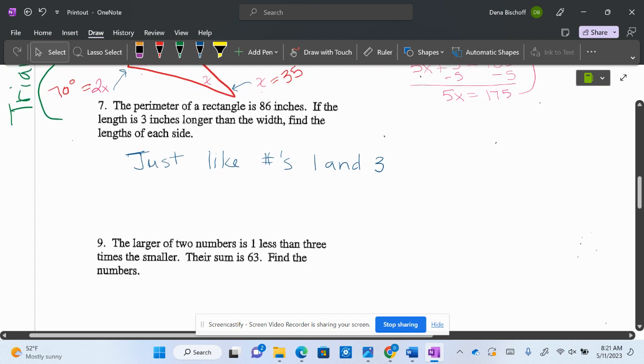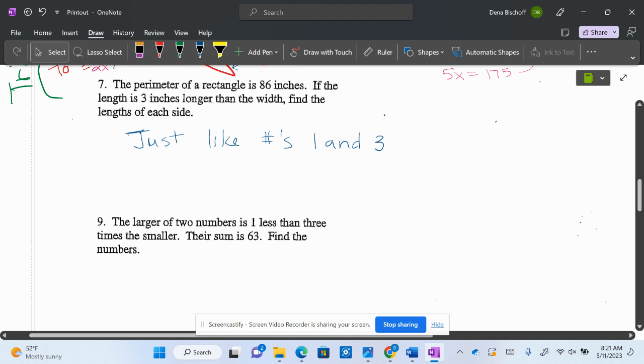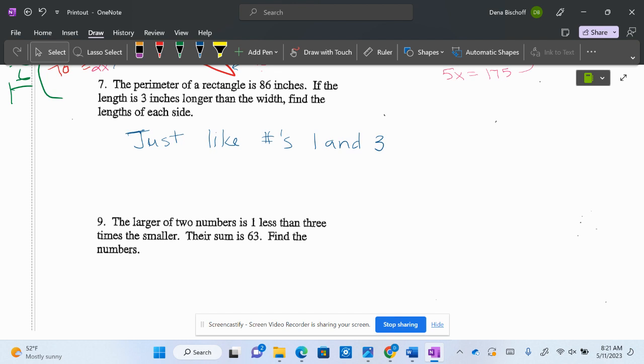Number 9 is the type of question where you can't draw a picture with it. You can't do anything except, you have 5 minutes, okay?